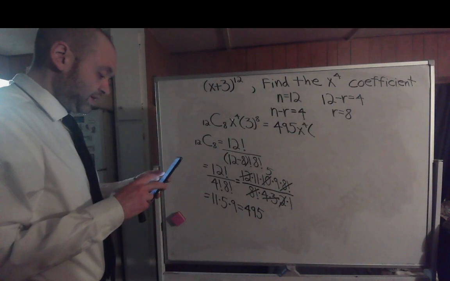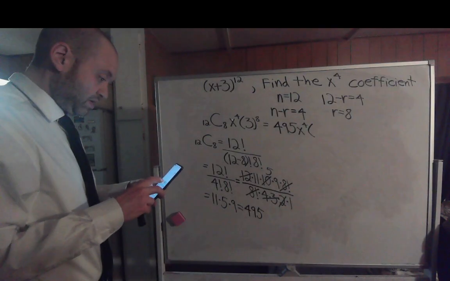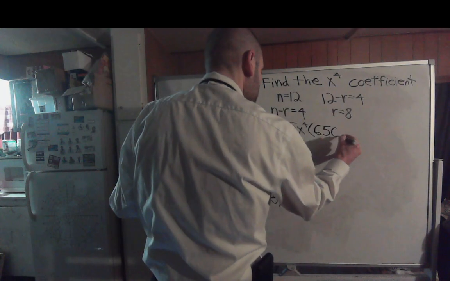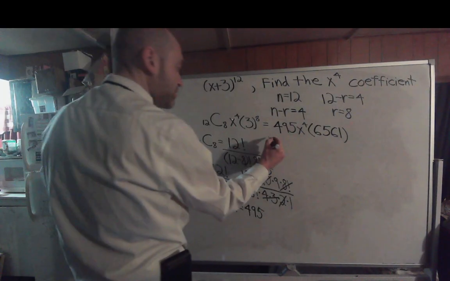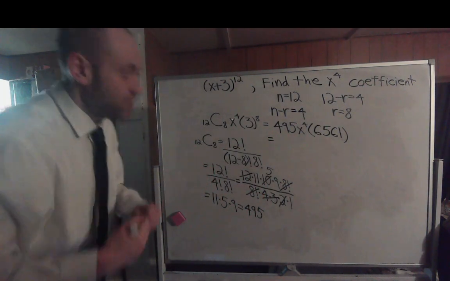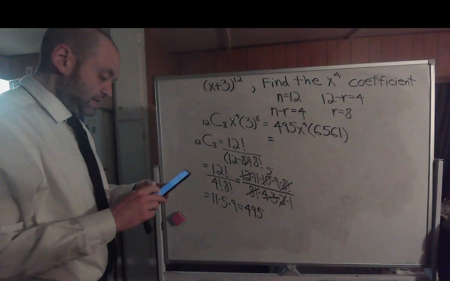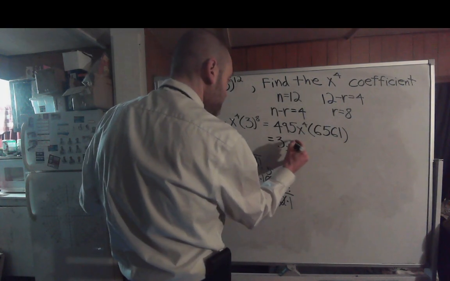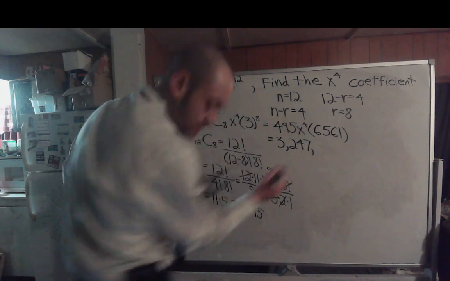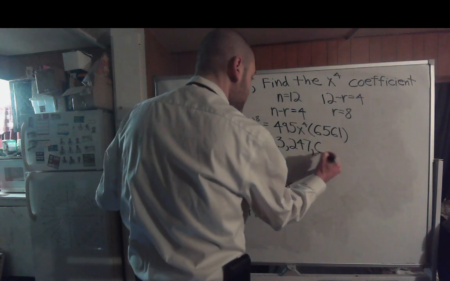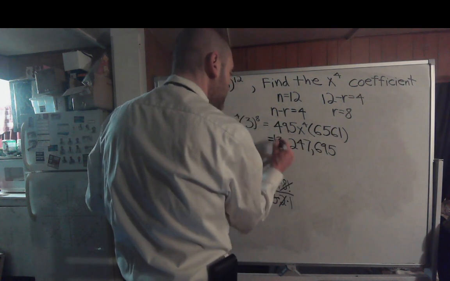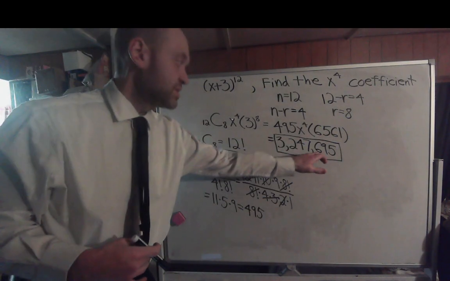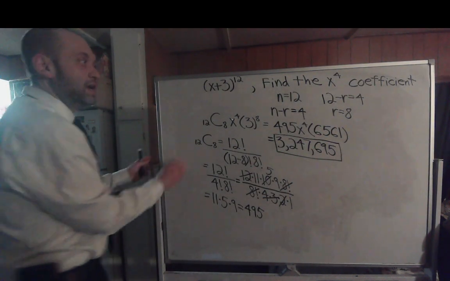Now what the heck is 3 to the 8th? 6,561. So if I take that times 495, I'll have my coefficient. I end up getting a coefficient of 3,247,695. So that would be my coefficient on the x to the 4th term, 3,247,695. And I got more of these.